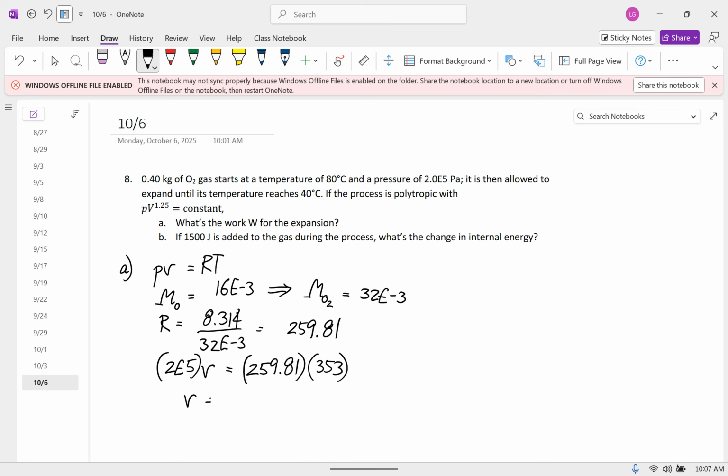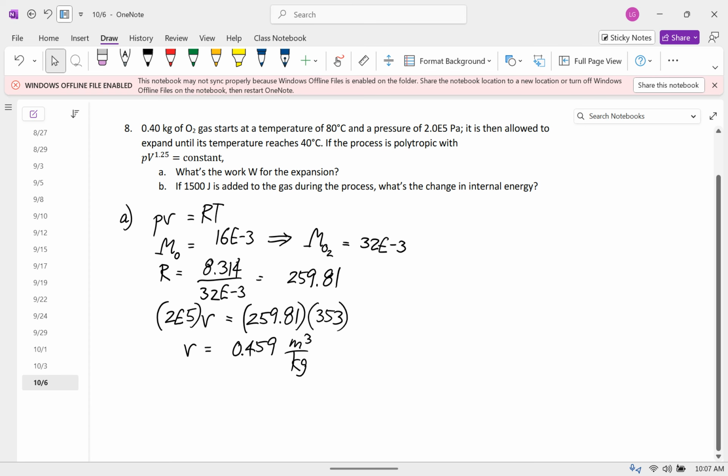And so the specific volume is 0.459, and that's cubic meters per kilogram. This is at state 1.